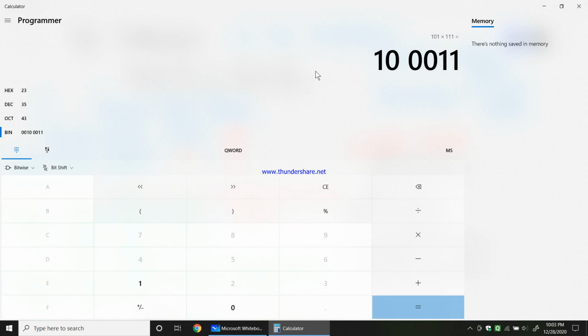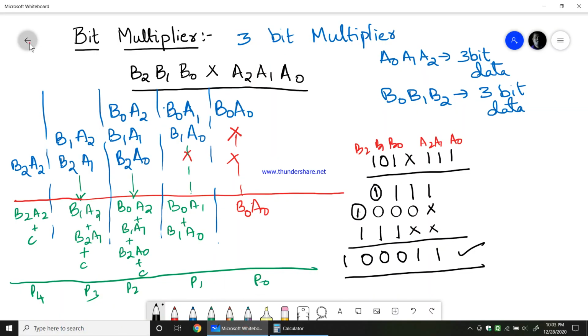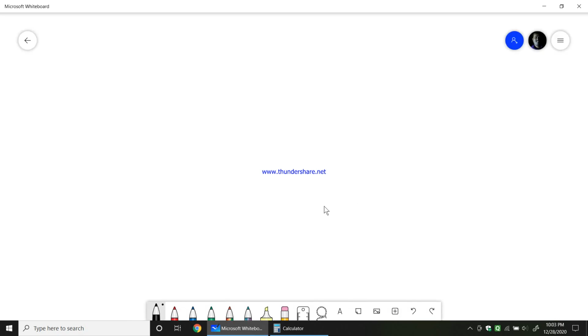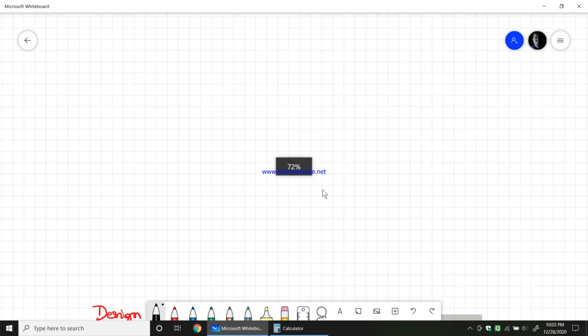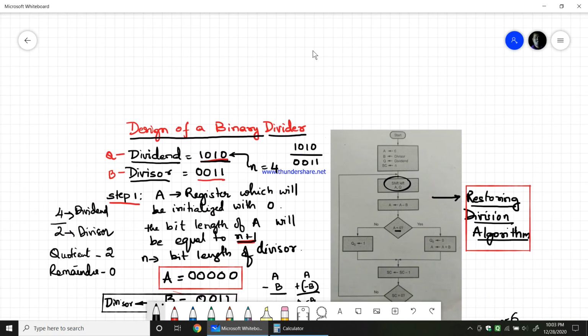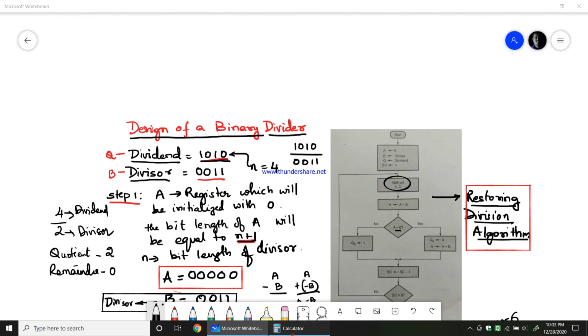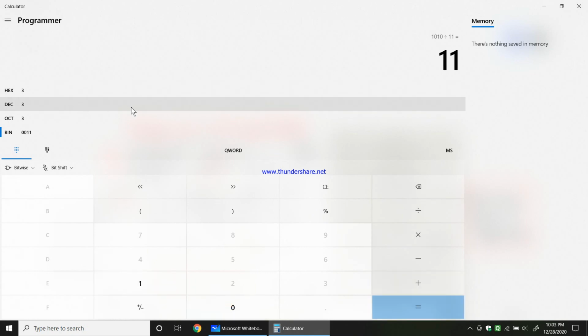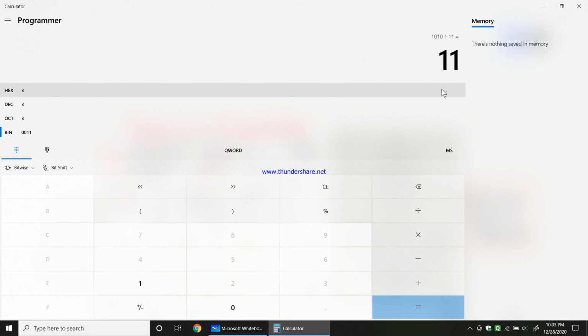Okay. Now I think division, which we have done. Let me take that example of division which we have done earlier. So we have done 1010 divided by 0011, which will be equal to, this is the quotient which we have got, 11.